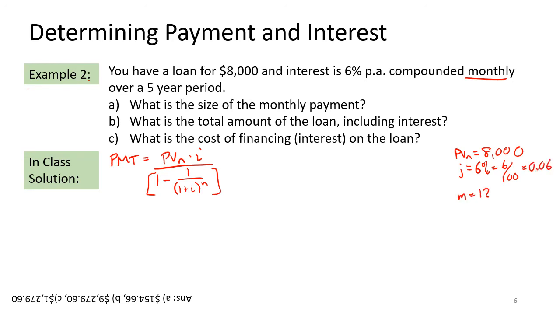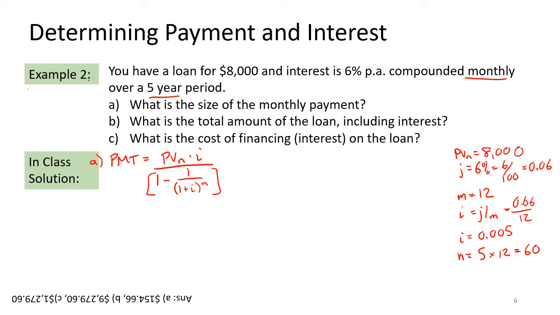M is equal to 12 because we're compounding monthly. So our periodic interest rate, I, is J divided by M, which is 0.06 divided by 12, or in other words, I is equal to 0.005. Lastly, our value for N, so the loan is 5 years, so 5 multiplied by 12 payments a year gives us a total of 60.